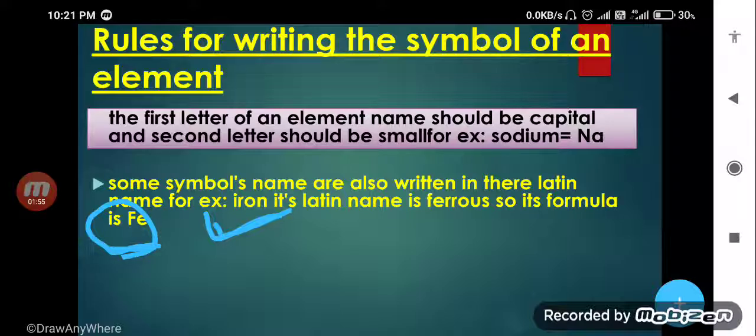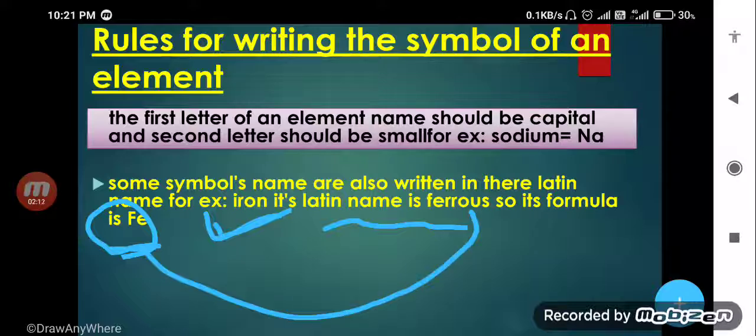Actually, a few of them are taken from Latin names, and in Latin the name of iron is ferrum, and that is why it is written Fe. So, many elements' symbols are taken from their Latin name, but what is the main rule? Whenever you write the symbol, the first letter must be in capital form and the second letter must be a small letter.